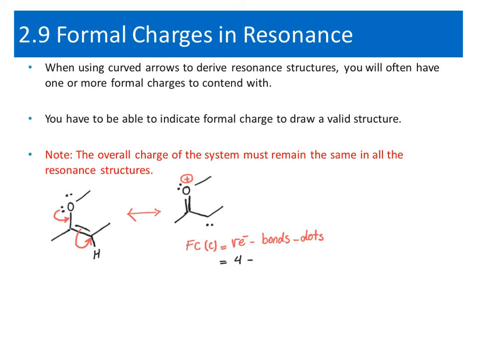We didn't remove the hydrogen, it is still there. So it has 3 bonds, minus 2, that gets -1. So this carbon gets the -1 charge. And if you calculate the overall charge of the system, it is 0 here and it is 0 here. So this is the valid resonance structure for the molecule that is drawn here.